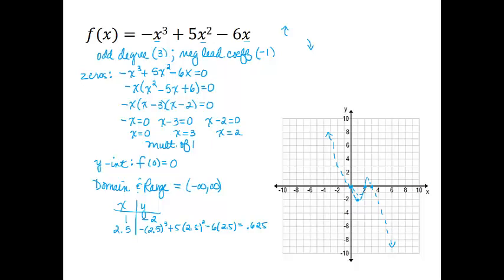So the graph really has just a very slight rise between the 2 and the 3. And then if you wanted to find values to the left of 0 and to the right of the 3, you could. But again, the point of this right now is just to get a sketch of the graph. The calculator can certainly give you more precision on that.